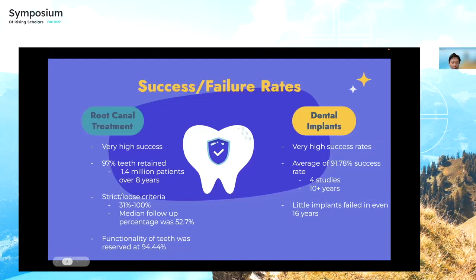Lastly, another study divided outcomes into strict and loose criteria. The strict criteria would be the apical lesion, which is the part that is infected, being fully restored. And the loose criteria would be where it was mostly restored. The strict criteria success rate was 75% from 40 studies, and the loose criteria success rate was 85% from 36 different studies.